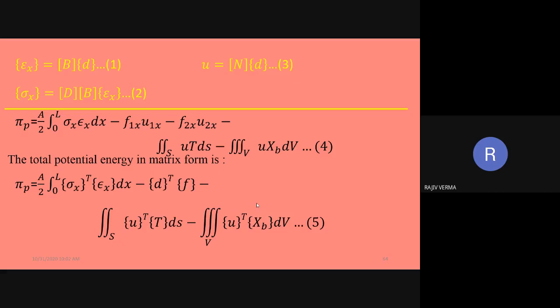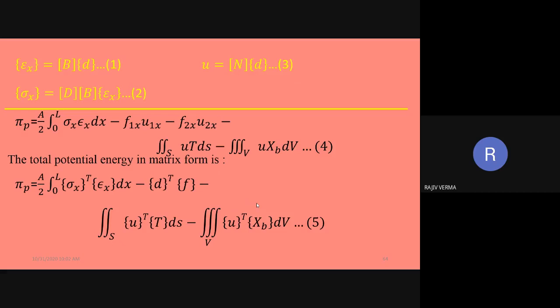The first matrix is supposed to be transposed, and then it is supposed to be multiplied by the second matrix. So this is how matrix manipulation is going to come into the picture. Therefore, the sigma x has a T superscript written on top of it, which basically means that we are taking the transpose of the stress matrix.